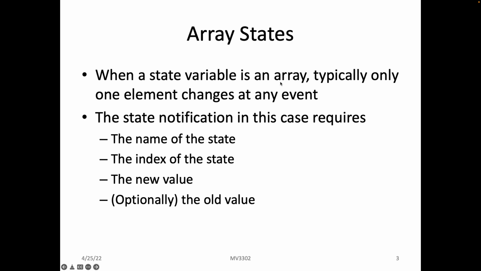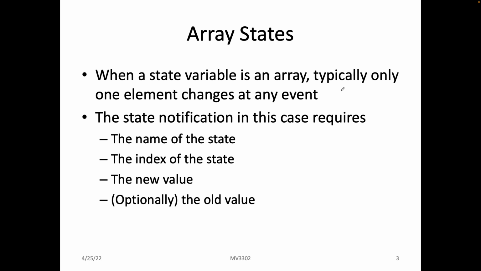Okay, so now, we've touched on this, and I want to reinforce this idea for array state variables. And that is, 99.9% of the time, whenever you have a state variable that's an array, there is typically only one element that changes at any given event. We've seen that in every case.